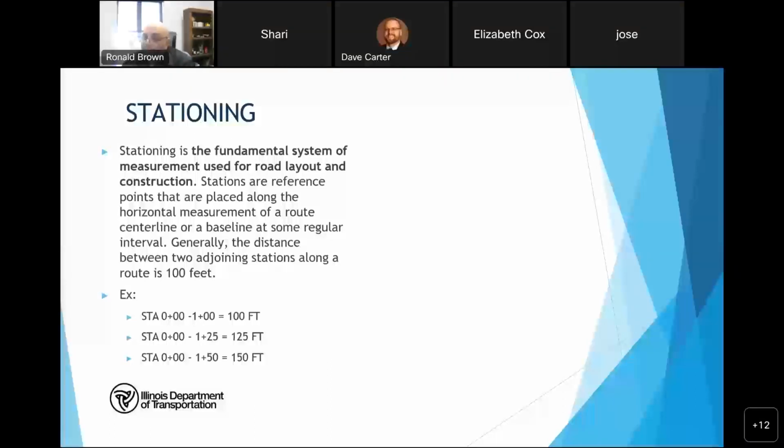Station 0+00, and you're going to station 1+50, that's 150 feet. We'll have more in-depth information on stationing in the basic math module number 2, which is Thursday this week. And we'll go a little bit more into how stationing works and how you can use that for measurement.